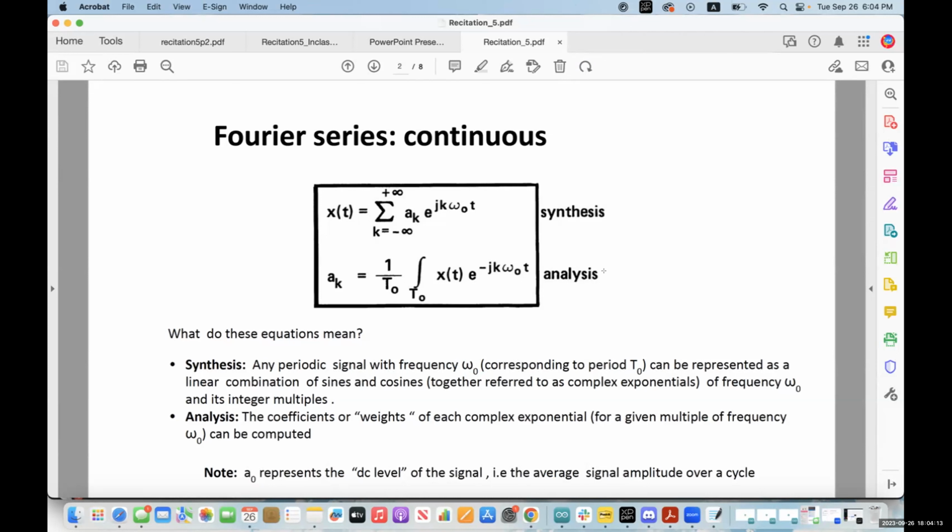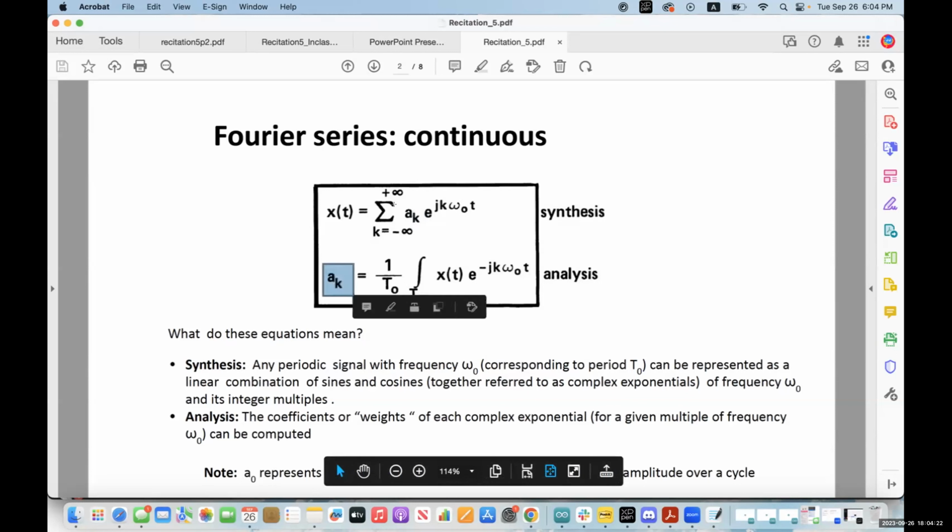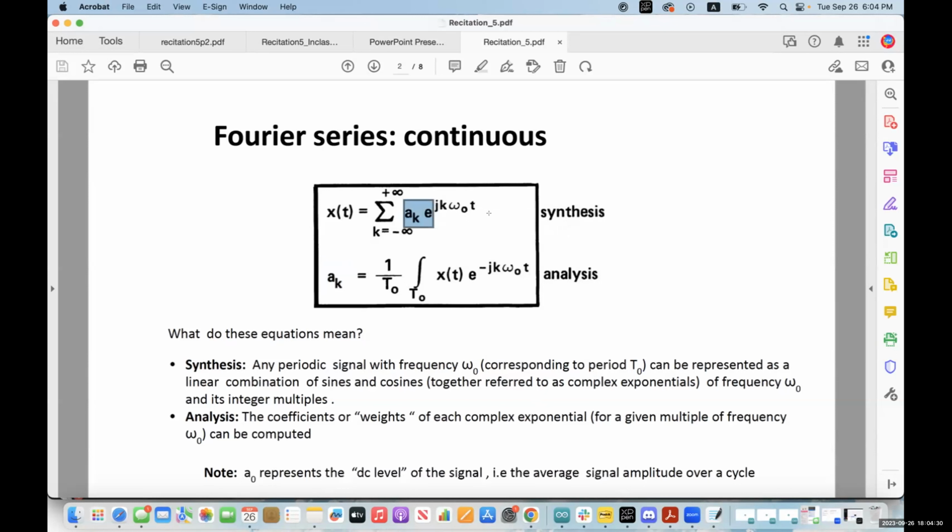And the analysis equation here basically explains the coefficient. You see a_k here, the coefficient or weight of each complex exponential. What does it mean, complex exponential? We're going to see in the first problem we're going to do today.